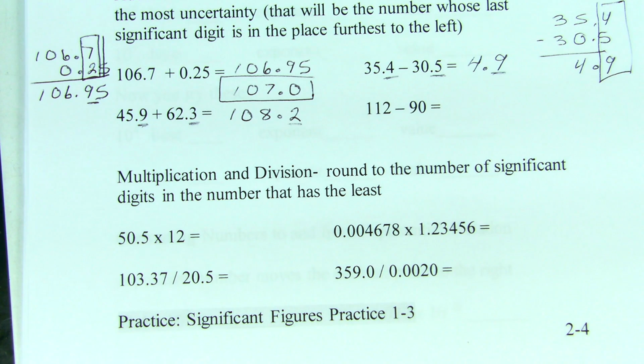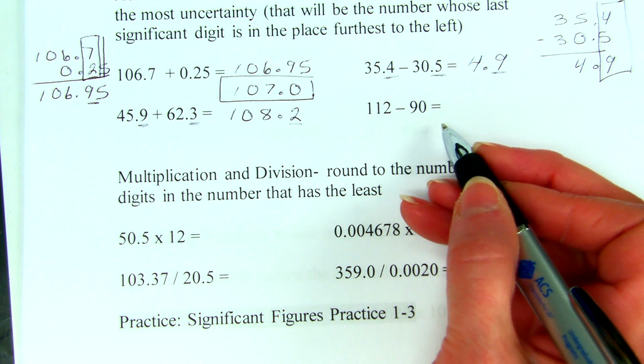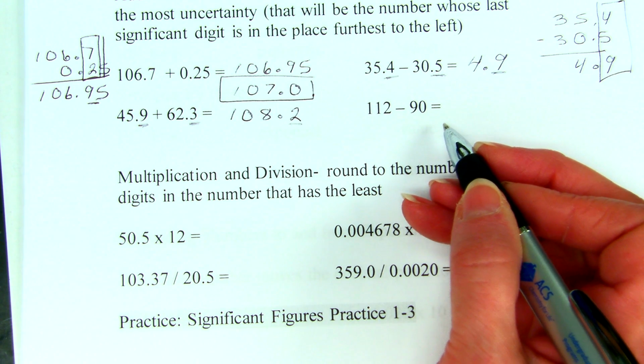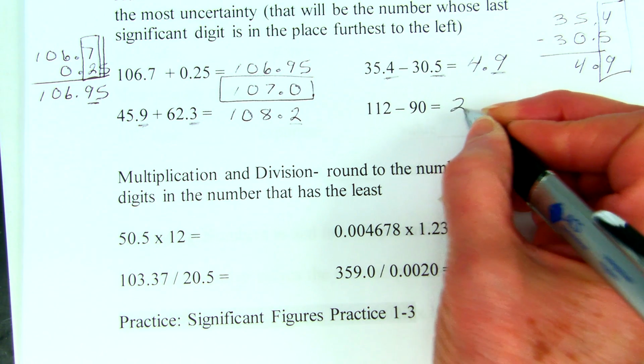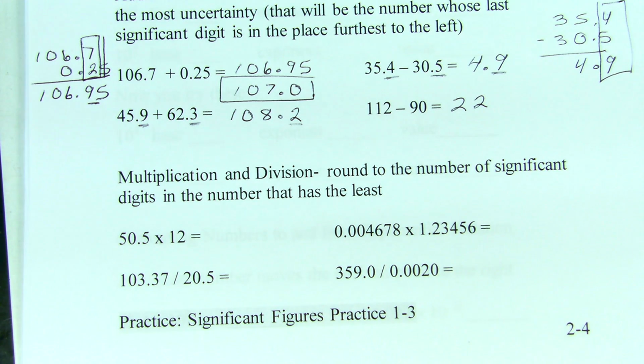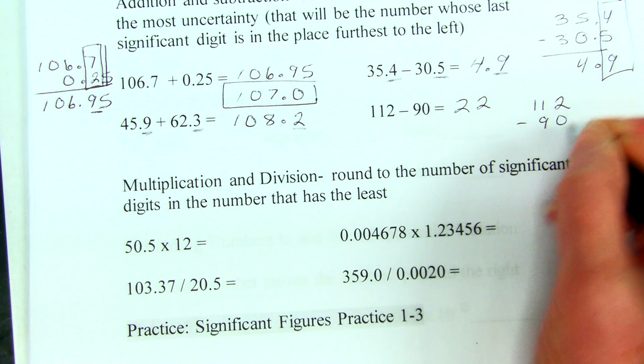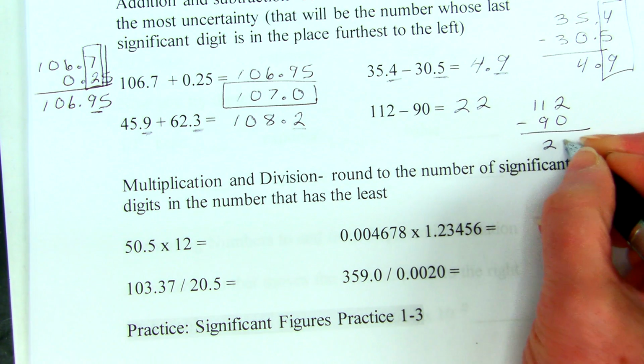Now, let's look at this one. 112 minus 90. Well, what does my calculator say? 22, right? But now when I think of this in terms of measured values, and I have 112 minus 90, I get 22.